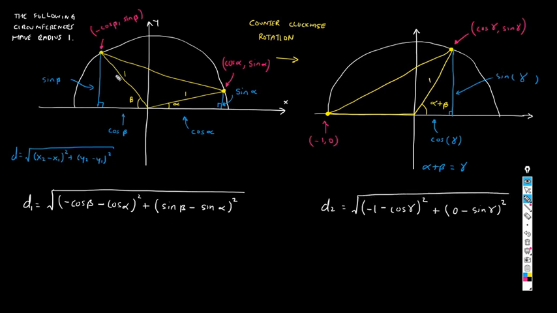Okay, so we have the distance from this point to this point, which is all of this, and the distance from this point to this point, which is all of this. And we already agreed that this side of the triangle is actually the same as this side. These two sides are completely the same. So basically the distance 1 should be equal to distance 2, and the square root of all of this should be equal to the square root of all of this.